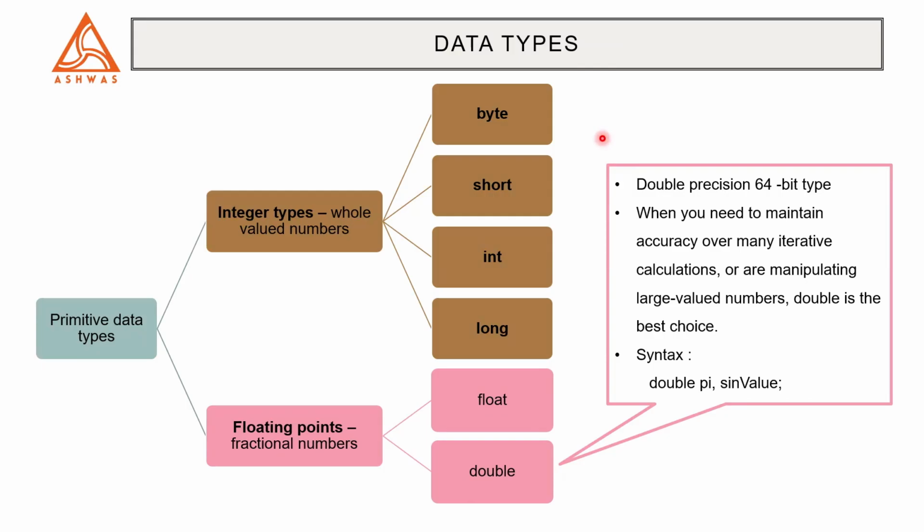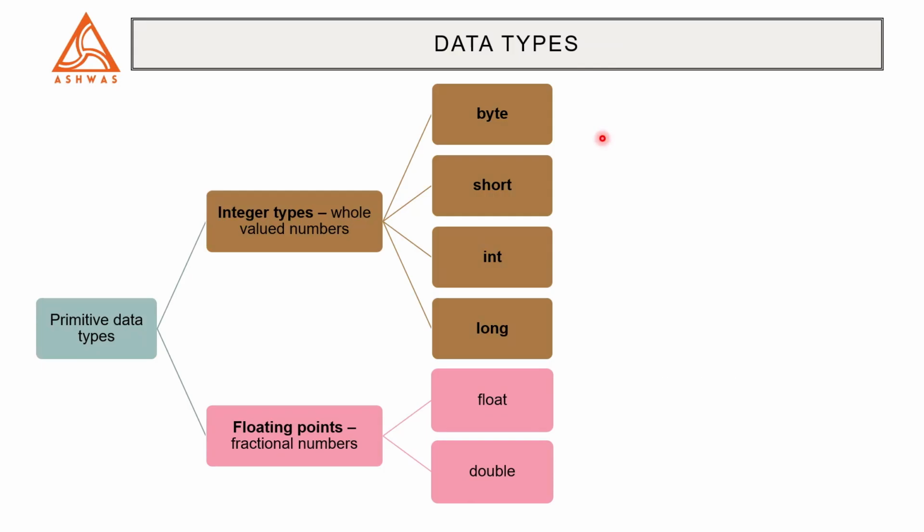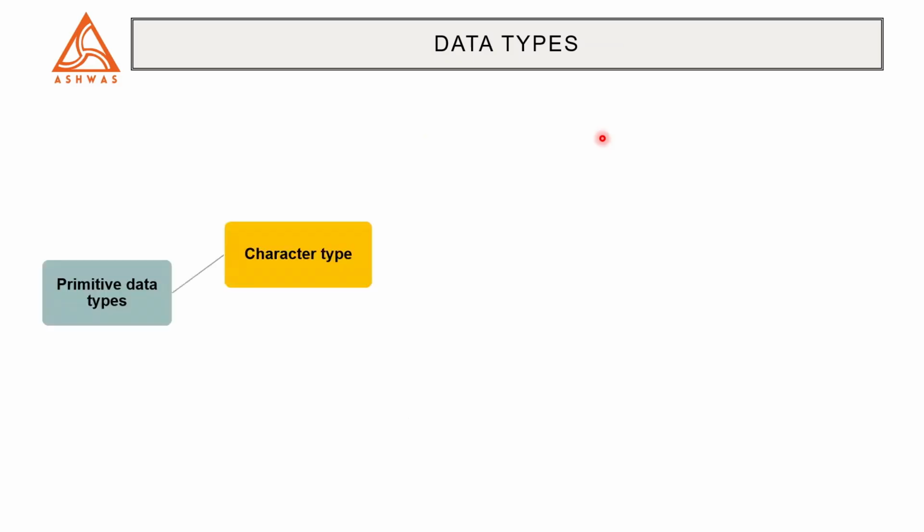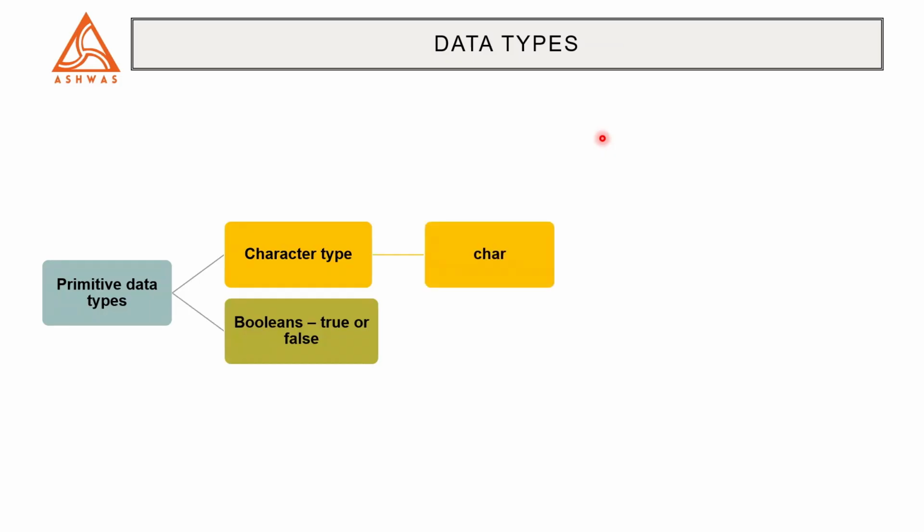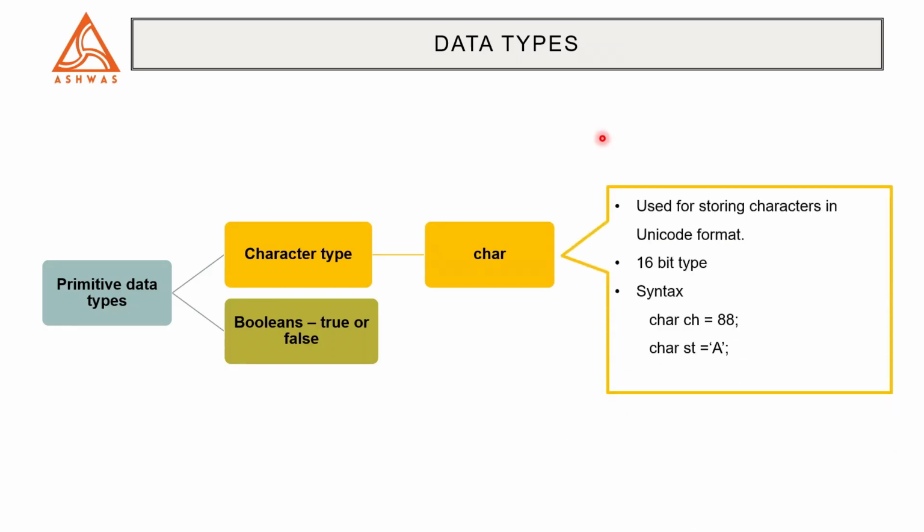Let's go on forward and understand how we store other types of data. Char type and booleans. Within char, you have the char data type. The char data type is used for storing characters in the Unicode format.